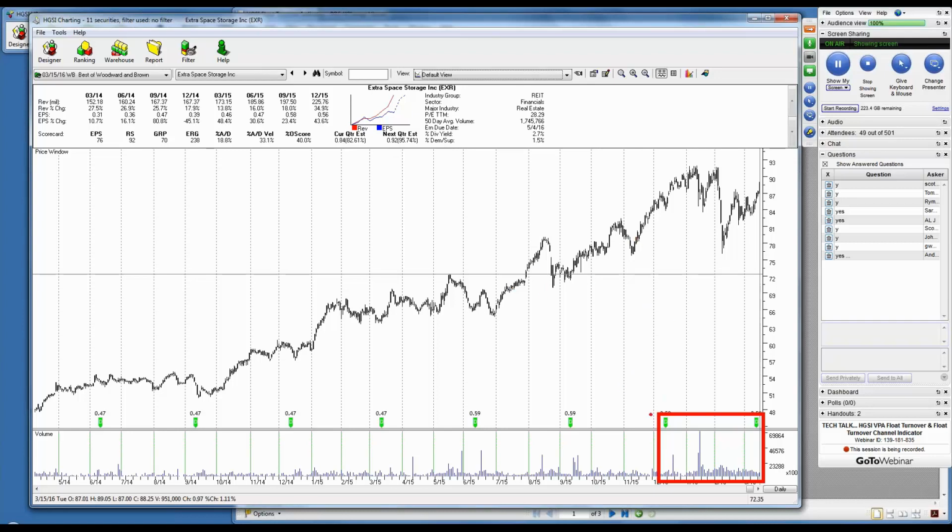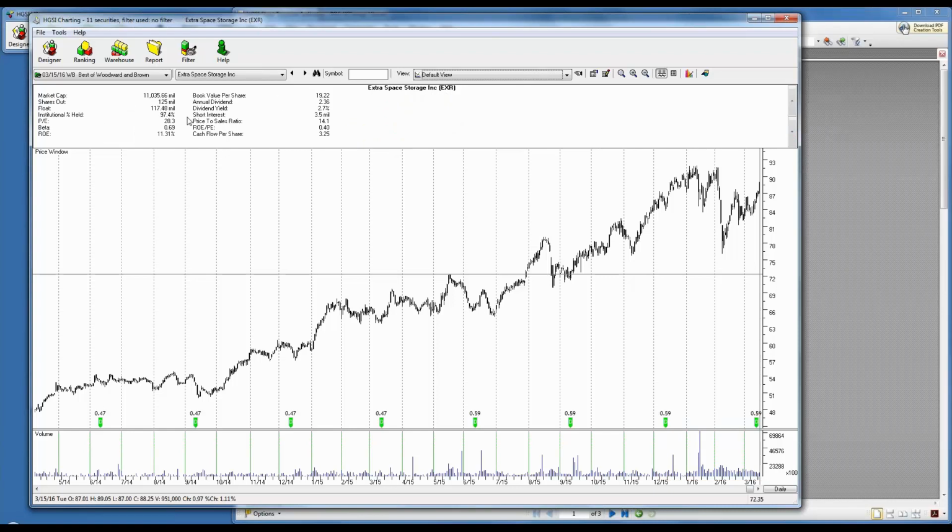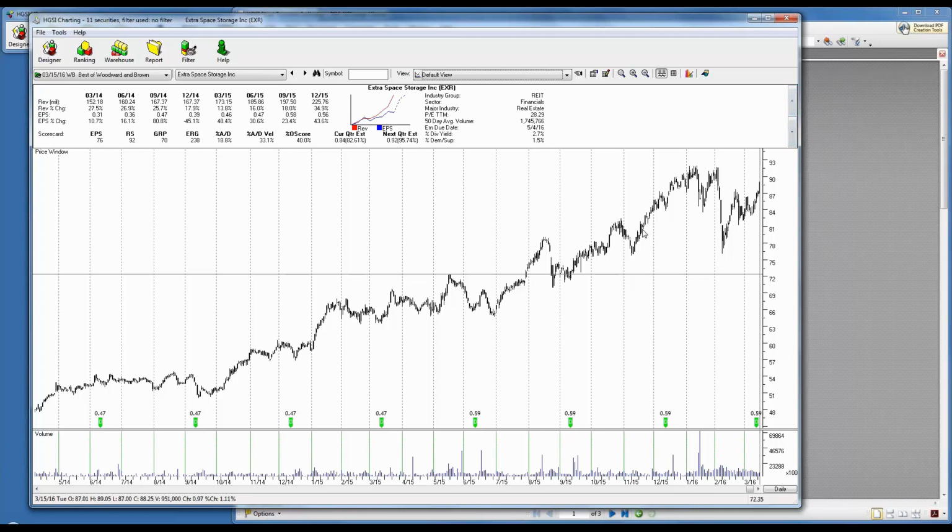And so this indicator sums up the volume during a period of time equal to the float of the stock, and inside HGSI is already in the database, so you don't actually have to add them yourself, which is kind of a big win on Steve's indicator.